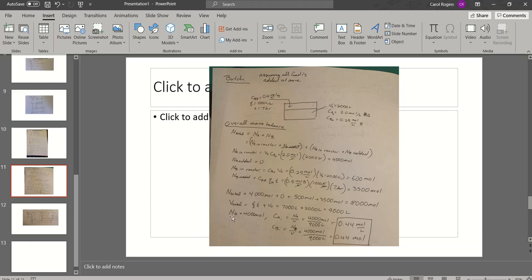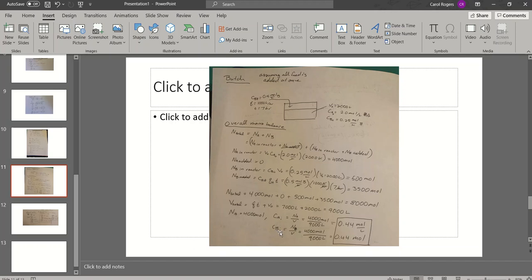So then you have the number of moles for each component. We calculated that here. The new initial concentration of A is the number of moles of A total over the total volume, which is 0.44.